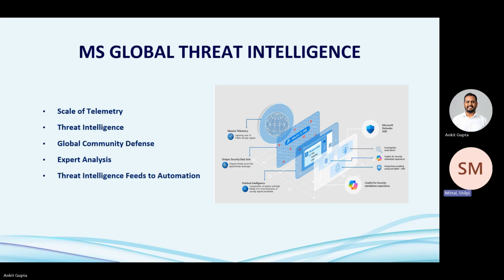The massive visibility acts like a global radar, with the Microsoft Threat Intelligence Center combining analysts and AI to turn raw data into actionable insights such as malicious IPs, malware signatures, and attacker group tactics.